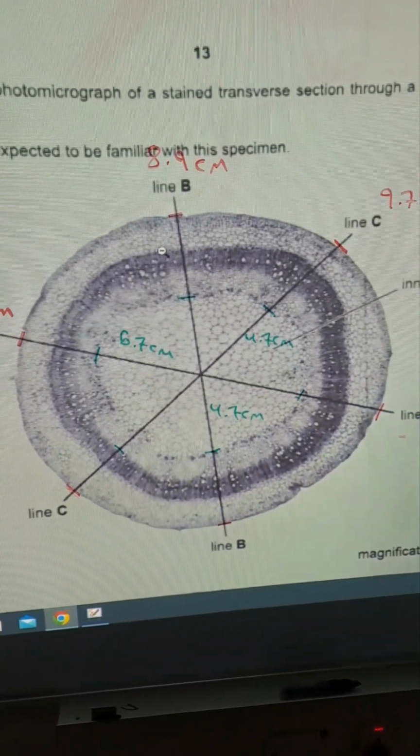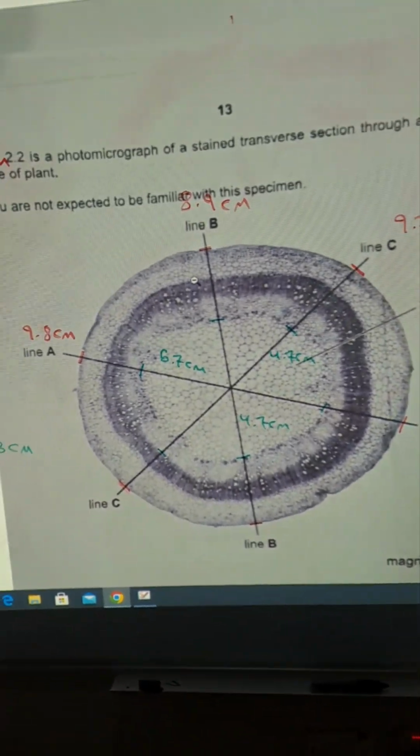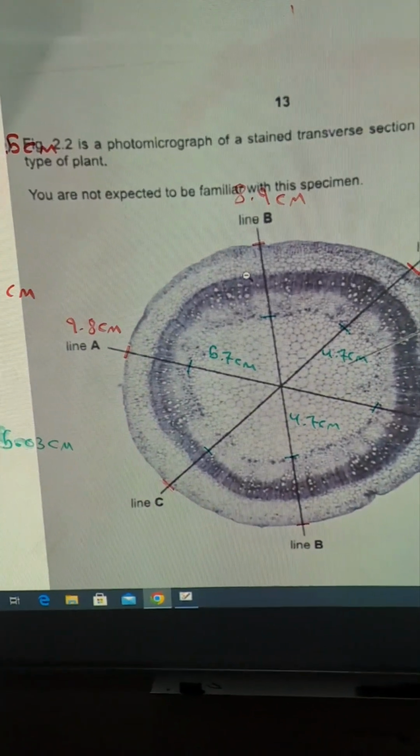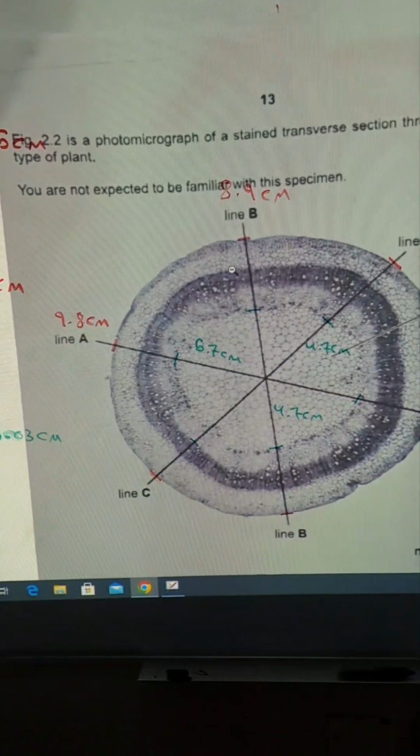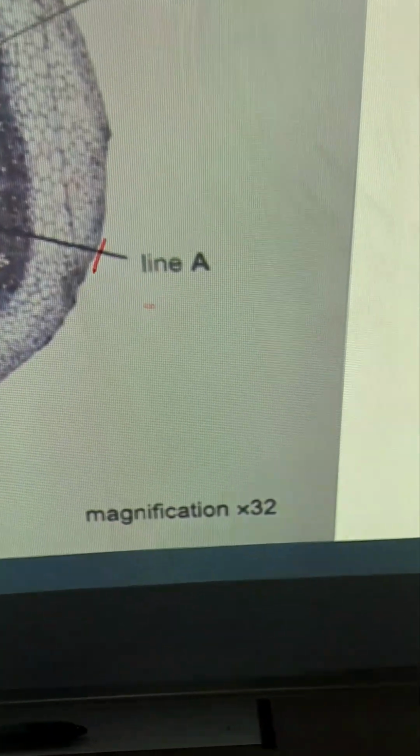That's for the outer layer. Now, this is the measured mean diameter; how do we find the actual mean diameter? If you notice, right here in the question, he says that the magnification is 32 times.